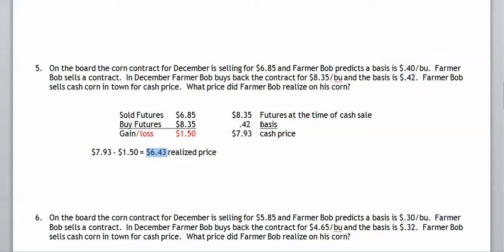We do it the long way so that I make sure you understand where these numbers come from. This farmer predicted a hedge price of $6.45. $6.85 minus 45 cents would have been $6.40, as predicted. It ended up being $6.43 because basis was 2 cents wider than what we predicted.